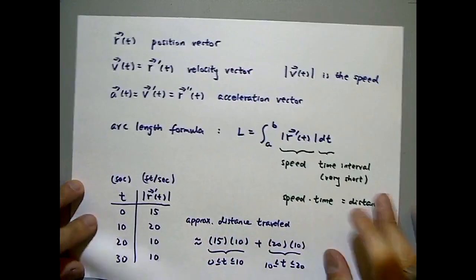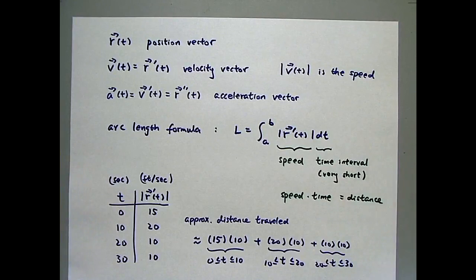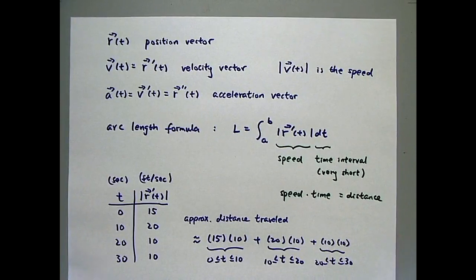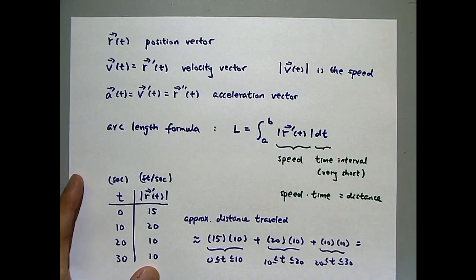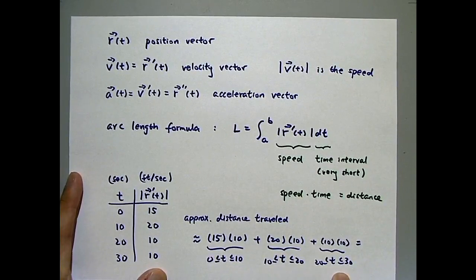And then 20 to 30, we do the same thing again. We get 10 times 10. Right, you see what I'm doing here? This speed times the time gives me distance. So this gives us 150, this is 200, and 450.